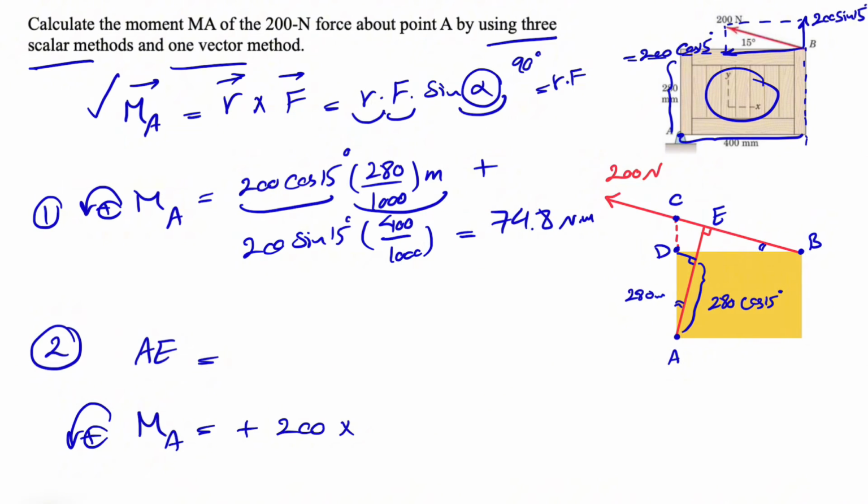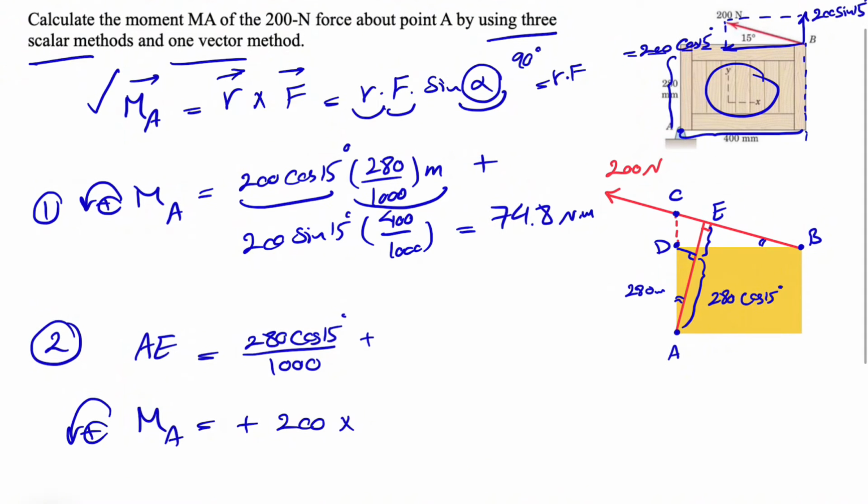So if we want to find this, we have 280 cosine of 15 degrees. You can divide by 1,000 in order to get it in meters, plus this part, which I'm going to show how we can find. If we draw a parallel line to AE in here, we're going to have a rectangle. Looking at this right triangle that I'm highlighting in green, we know that angle is 15 degrees.